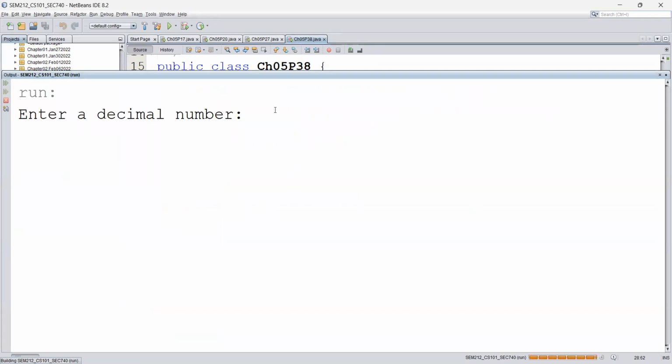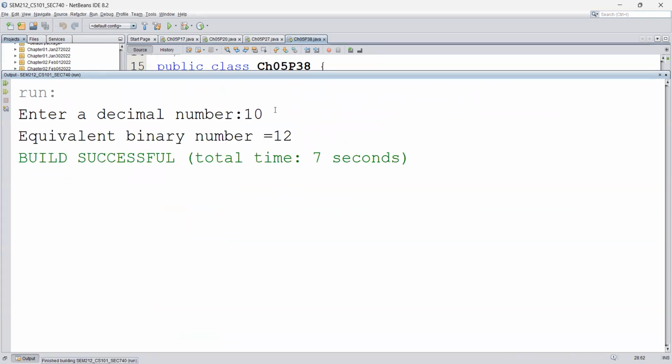For example, students, I want to check for 10. The equivalent octal of 10 is 12. Want to check? Open the calculator. Write 10. Look here. In hex it is A. In decimal it is 10. And then in octal it is 12. Okay. That is to say we did get what we were looking for.